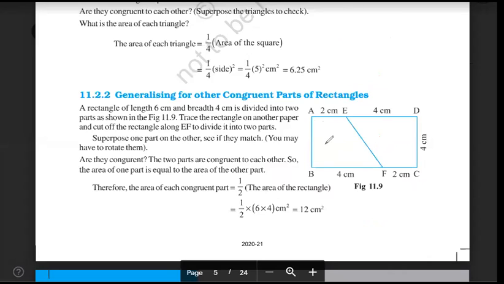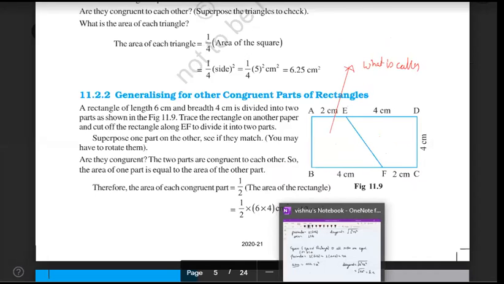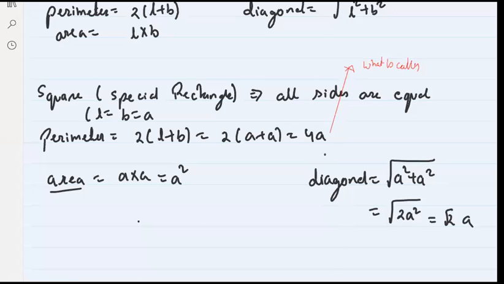Now, what is this figure called? Yes, Ragini, we can do that. That's what we are going to do now. So next figure. Yes, very good, Abhinav.